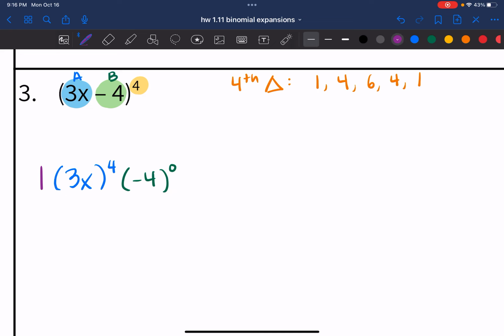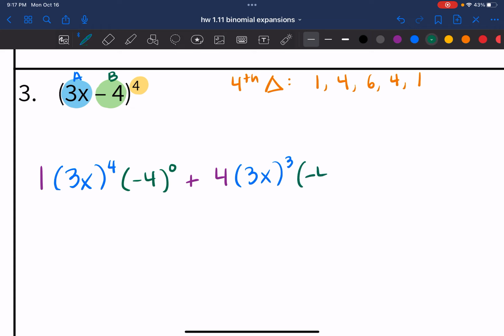Next up, we add the second coefficient, the second number from the list on Pascal's triangle, so start with a 4. Then our A term, the 3x: we started at the 4th power, we're going to decrease, and now it's at the 3rd power.